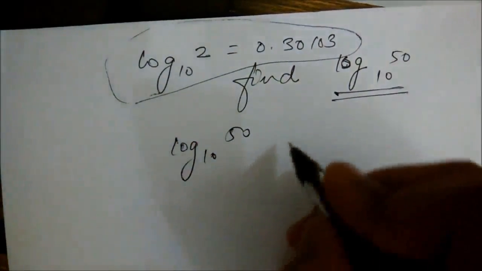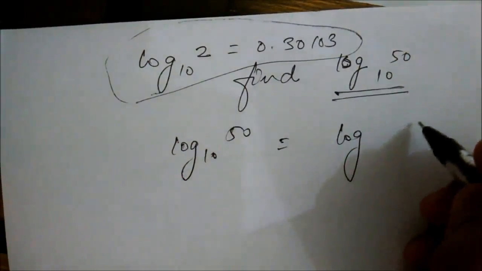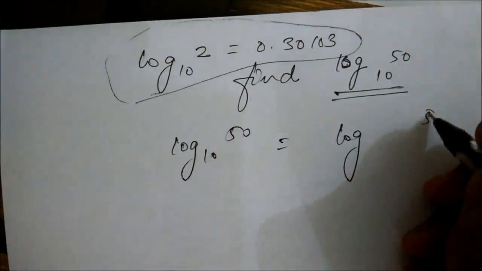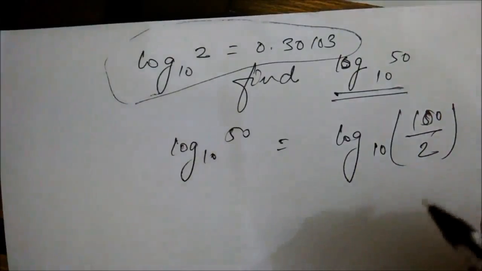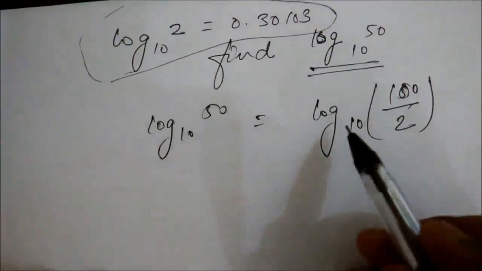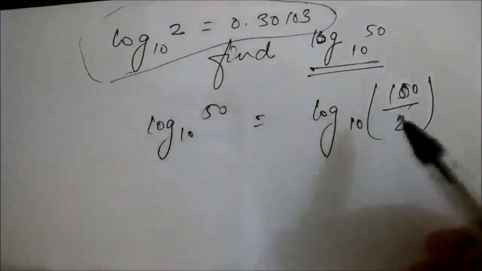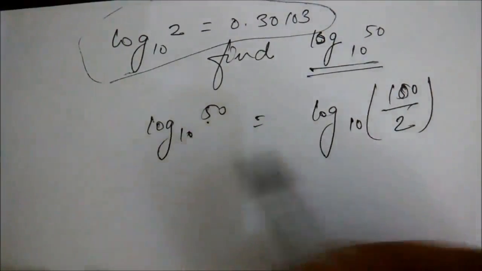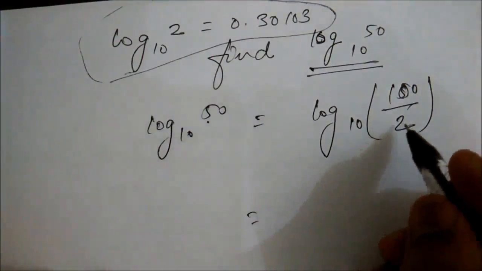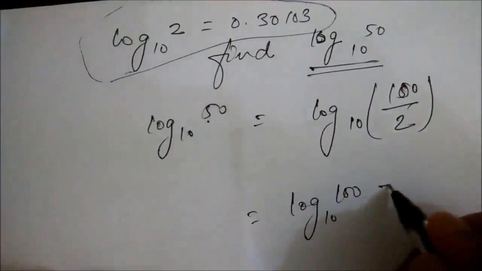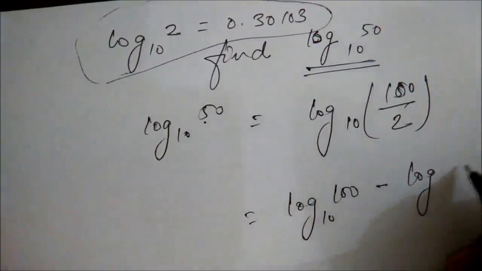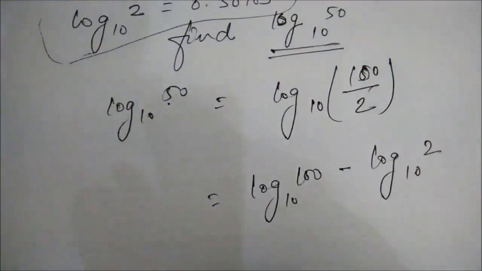Okay, so I can write 50 as 100 by 2, right? So if I write log of 100 by 2, it's again the same, log 50 to the base 10. So it can be further written as log 100 to the base 10 minus log 2 to the base 10, right?